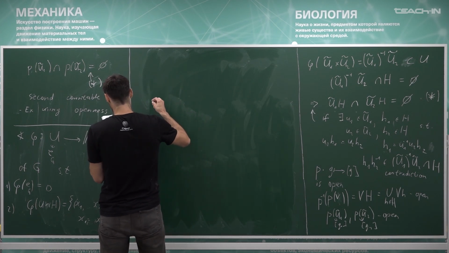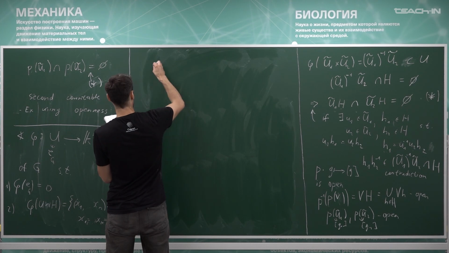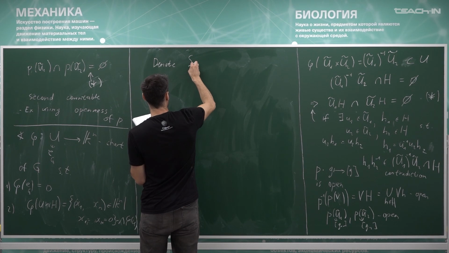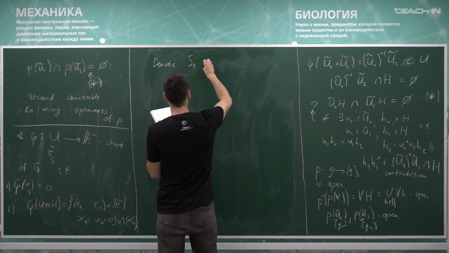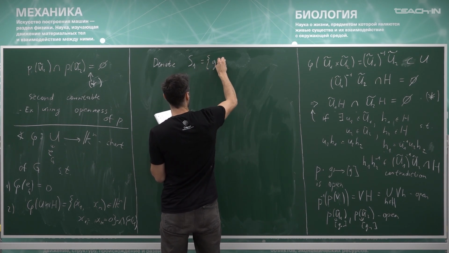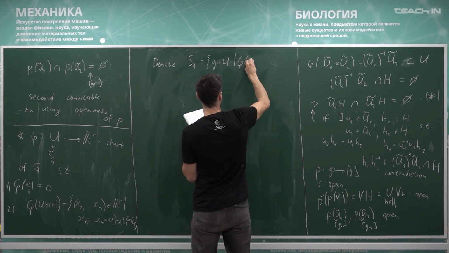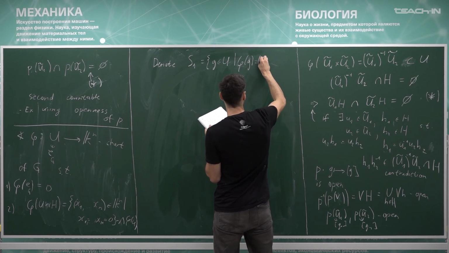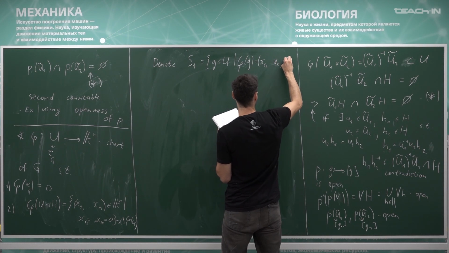So let us consider S1 to be the following set. It is g from U such that phi of g is of the following form: x1 dot dot dot xk and then zeros.